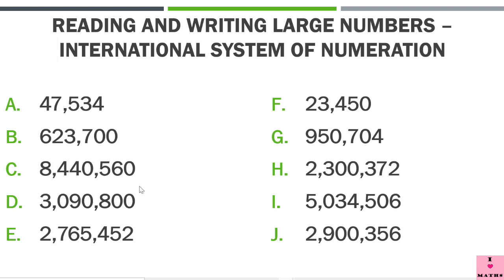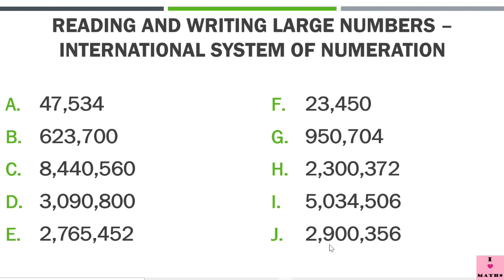This one. 2,765,452. This one. 2,900,356. I hope, children, you would have got the hang of it, how to read numbers in international system of numeration.